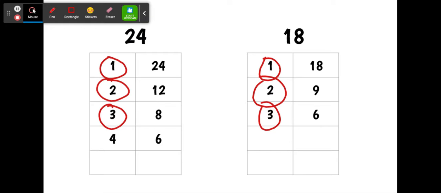Okay. 4, while it's in the factors listed for 24, there isn't a 4 in the factors for 18. So 4 is not a common factor. Same for 18. 18 is only in 18, not in 24. 9, only in 18, not in 24. But 6 is common for both of our target numbers.